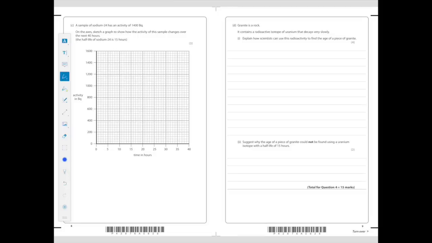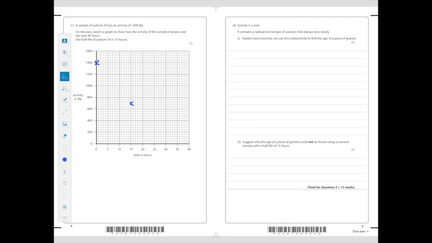A sample of sodium-24 has an activity of 1400 becquerels. On the axis, sketch a graph to show how the activity of this sample changes over the next 40 hours. The half-life of sodium-24 is 15 hours. So at time equals 0, we're going to have an activity which is 1400. We know that the half-life is 15 hours, so look along 15 hours, half of 1400 is 700, so we need a cross there.